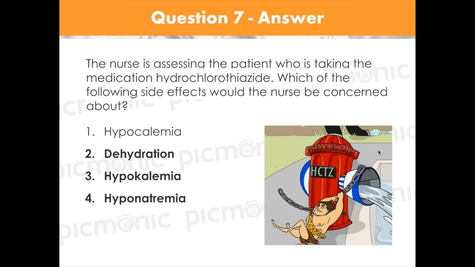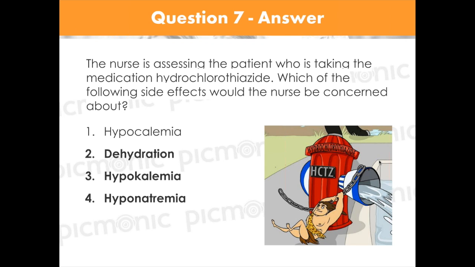But let's think about why hypocalcemia is not an answer. Sona asks, why not number one? Well, that's because hydrochlorothiazide is different than loop diuretics.